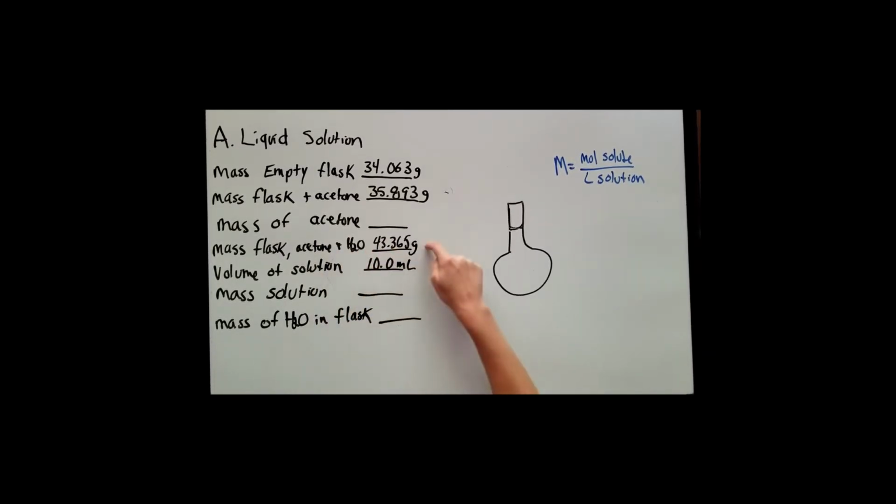We're going to use these masses along with the mass of the flask when it was empty and dry to figure out how much acetone we added, because we didn't weigh it out or use a graduated cylinder. So we need to figure out the mass of just the acetone by subtracting. We're also going to figure out the mass of the solution by subtraction. Let's look at exactly how we're going to do that.